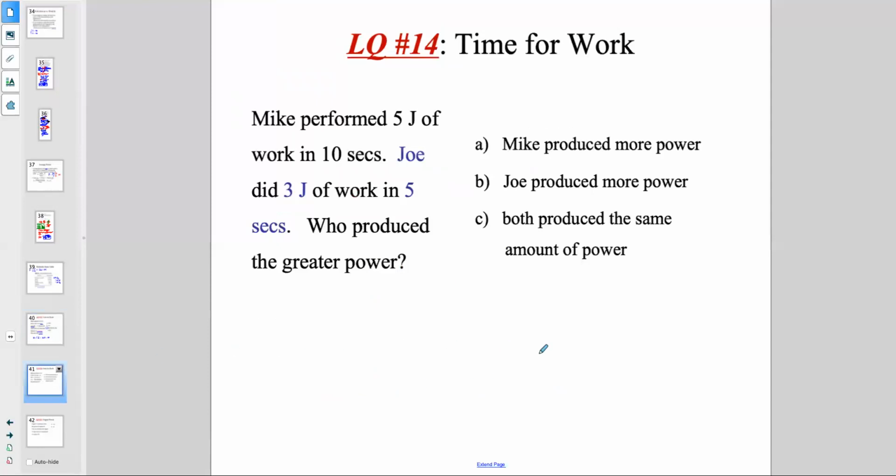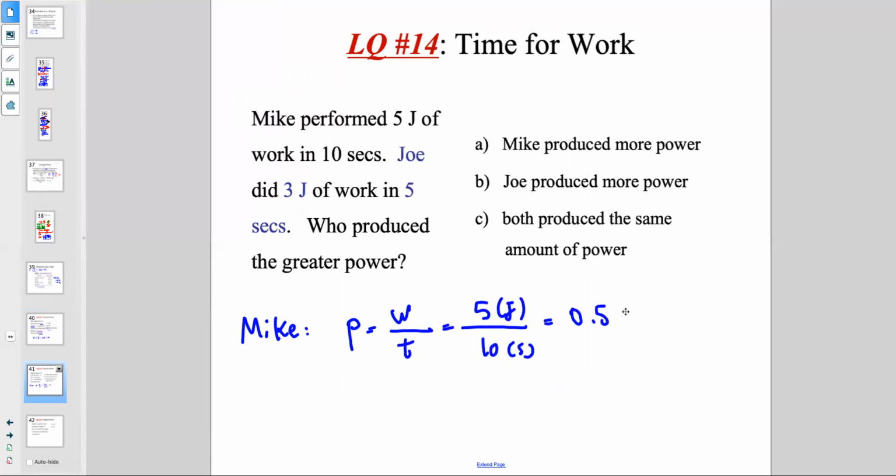Mike performed 5 joule of work in 10 seconds. So I can calculate the power, or actually I can write the formula first. So I have 5 joules in 10 seconds. In other words, I have 0.5 watt for the power.